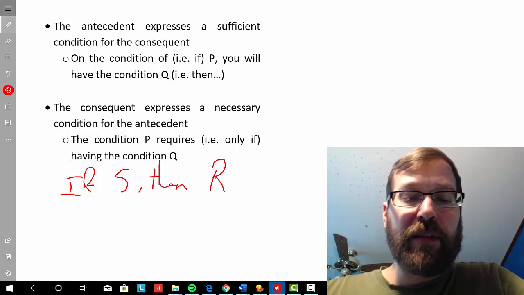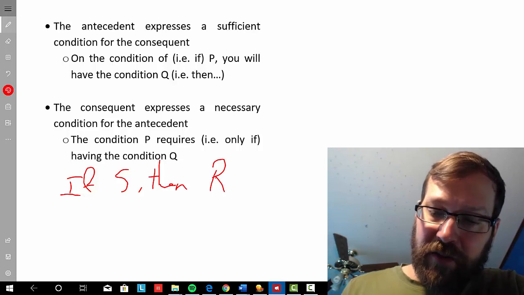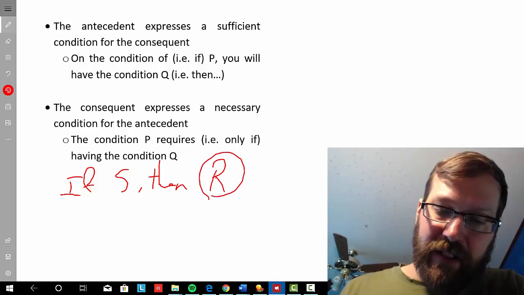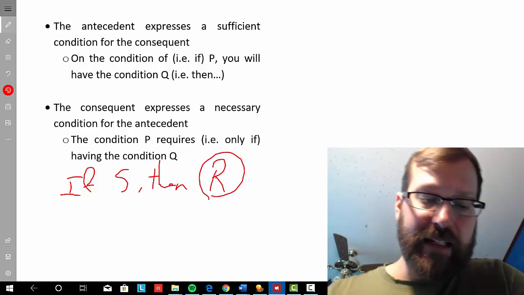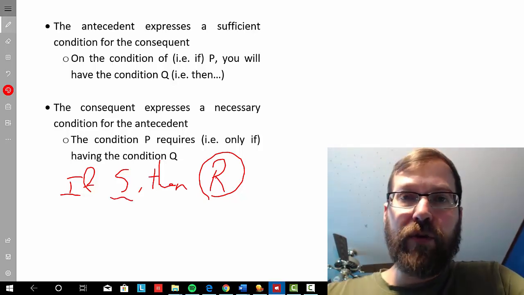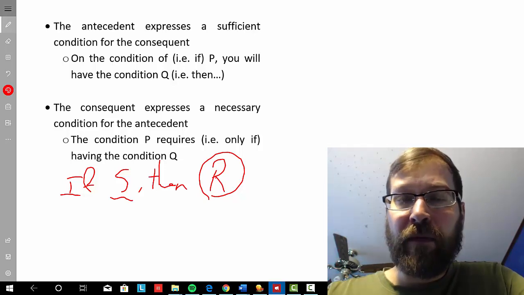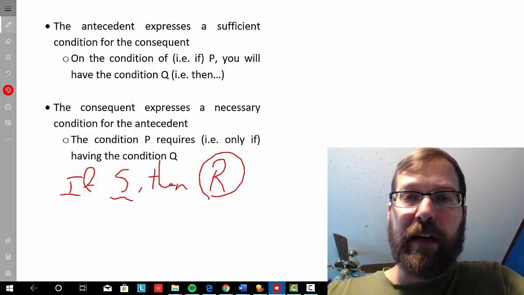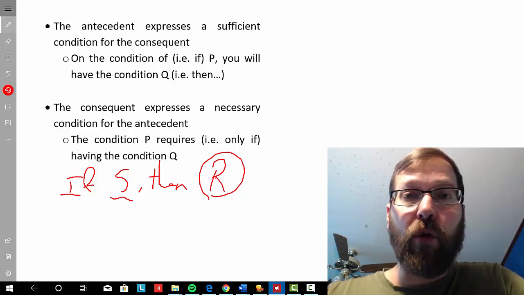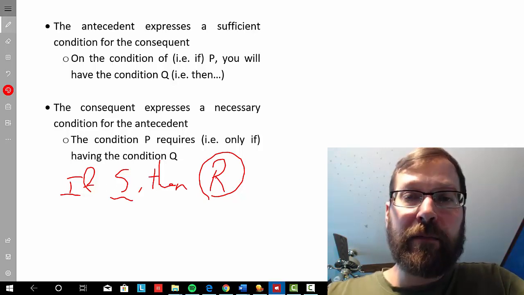Going back to the snake and reptile example, our consequent is representing a necessary condition for the antecedent, because if it's true that being a snake guarantees that you're a reptile, if it suffices for being a reptile, but then I find out that you're not a reptile, there's no way for you to be a snake.